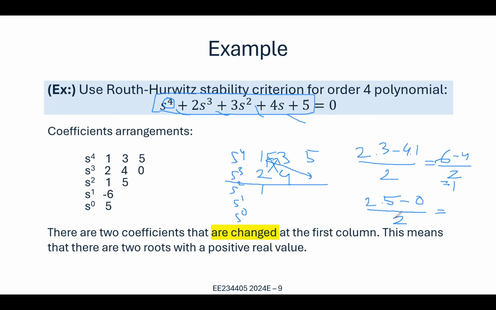So we have 10 divided by 2, which is 5, right? Now we complete the third row. Since there is nothing here, we assume that this is 0, this is 0. So all of these are 0, minus 0 divided by 2. So this is 0.